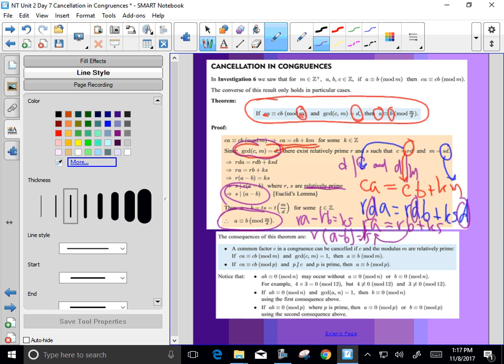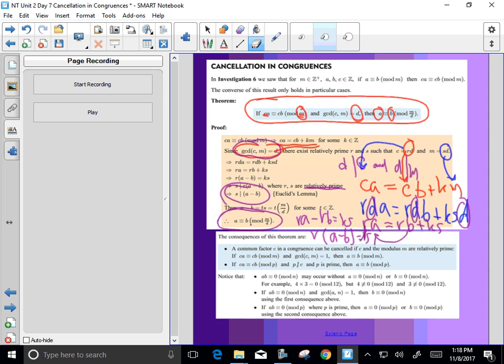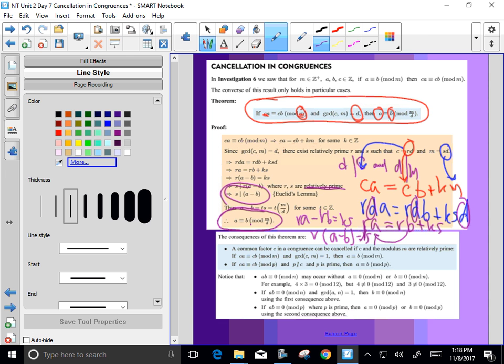I don't know if I explained it super well, but you're showing that this GCD can divide out the M if D is the greatest common divisor. If the GCD of C and M is D, that's the only condition when you can divide by that D, and we'll use that for solving.